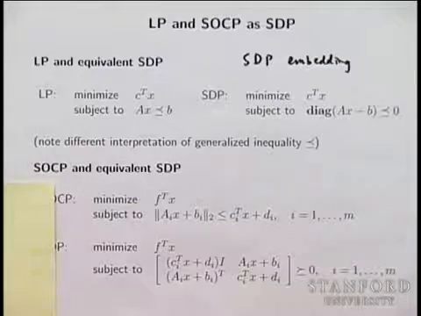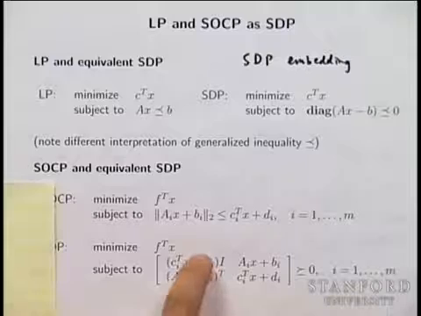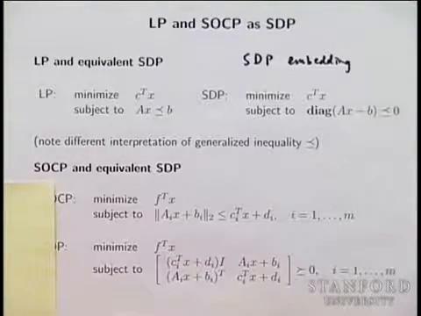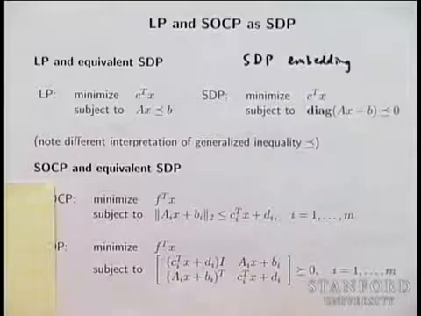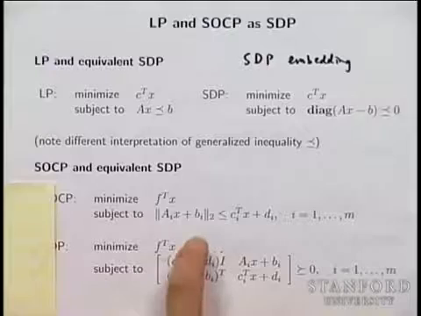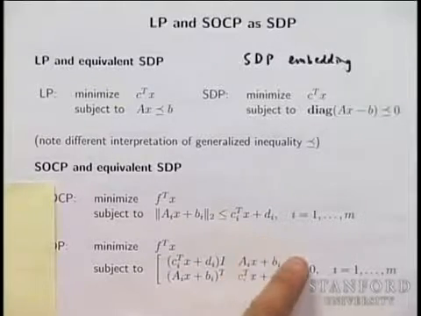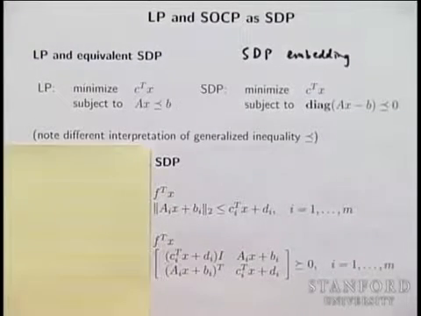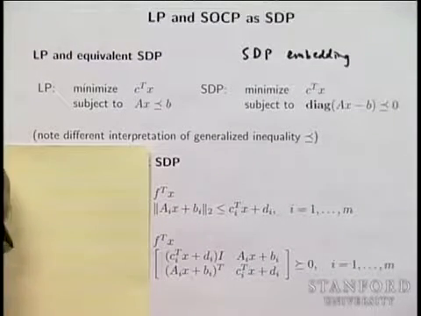Now this is rough, so this is not quite right. It's positive definite if and only if the diagonal entries are positive and if something called the Schur complement is positive. And the Schur complement is this minus this times the inverse of that times that is bigger than or equal to 0. In the case of this particular matrix, that says Ci transpose x plus di, like this.